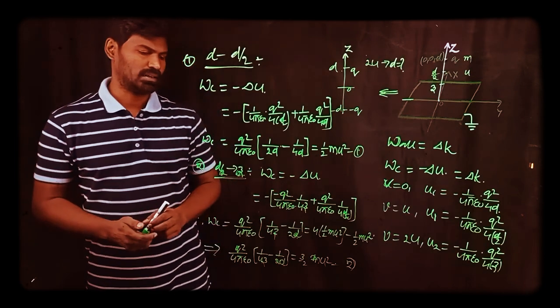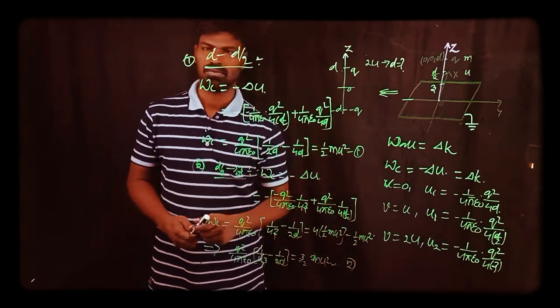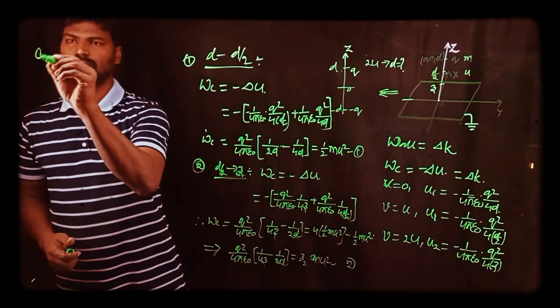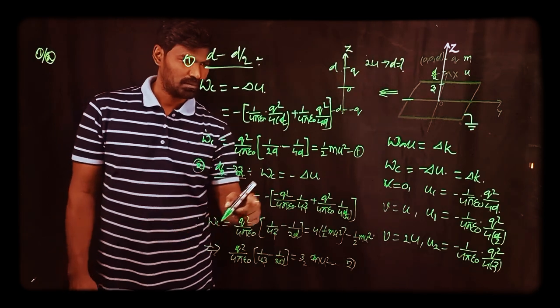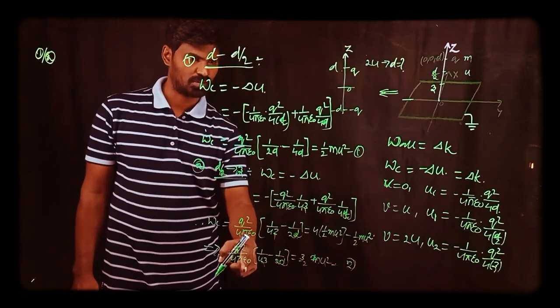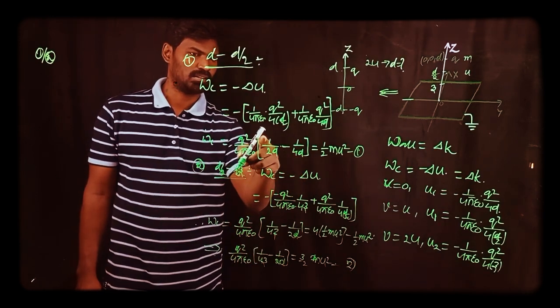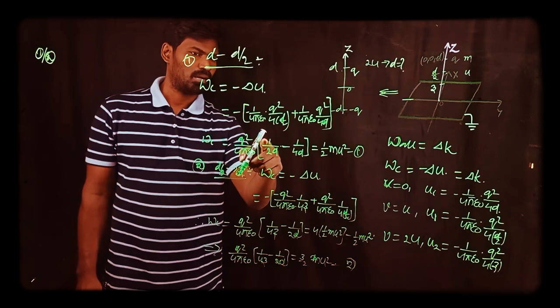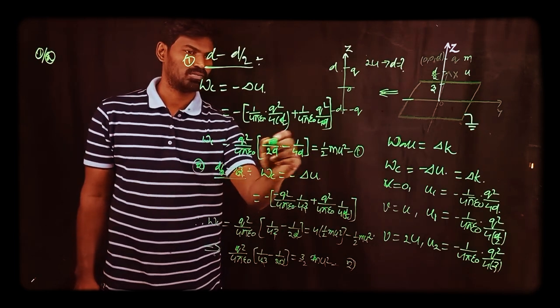Actually, I wanted to calculate the value of z. For that purpose, I will simply divide equation number 1 by equation number 2. What happens? In equation number 1 and 2, q square by 4 pi epsilon naught gets cancelled. 1 by 2d minus 1 by 4d is nothing but 1 by 4d, because if you multiply by 2 it becomes 4, and 2 minus 1 is 1.